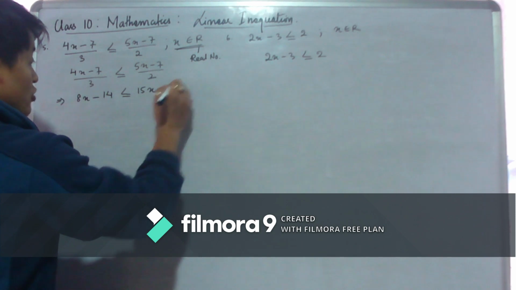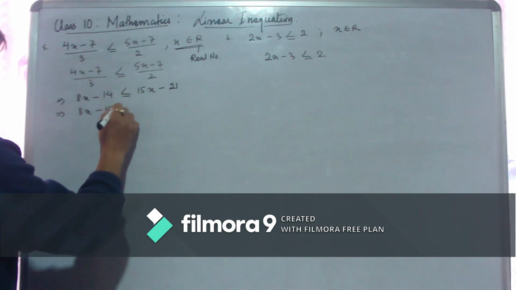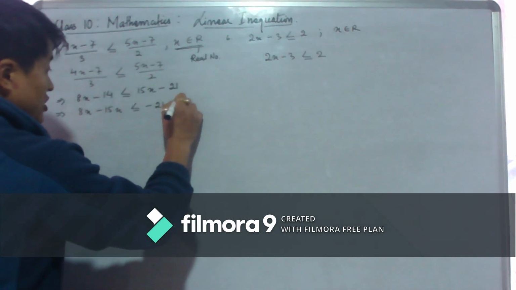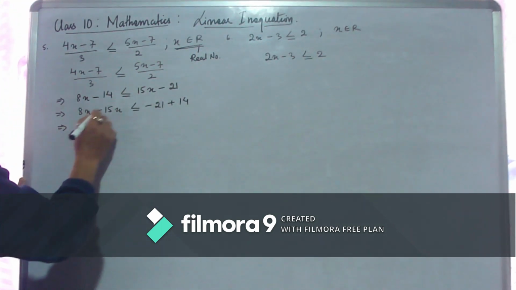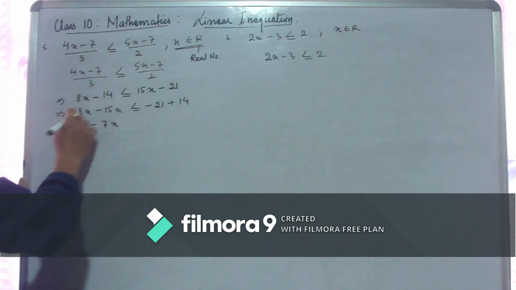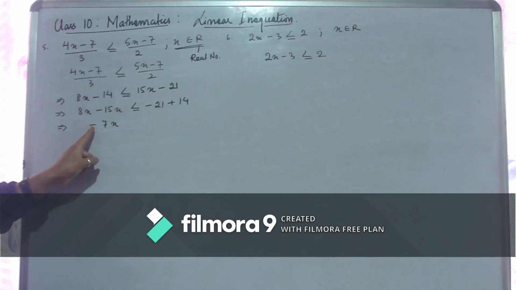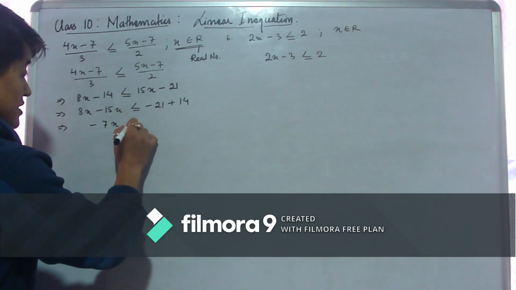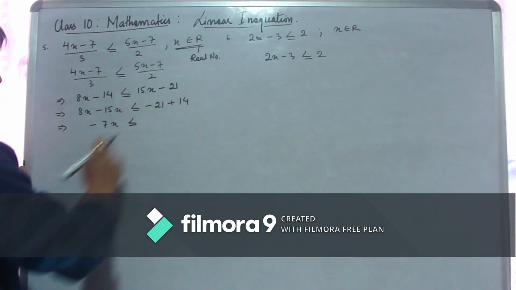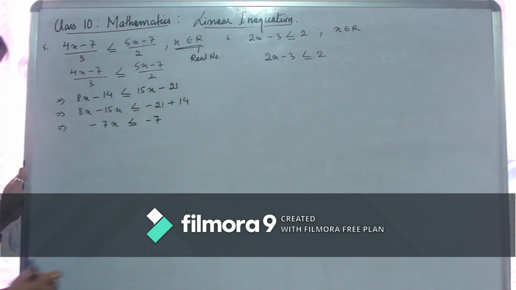Bring the x terms together, 8x minus 15x, and the constants together, minus 21, minus will become plus 14. This will give you minus 7x, since 15 minus 8 is 7, and 15 is the greater number with the negative sign, so we write the negative sign, less than or equal to minus 7, since 21 and 14 have different signs, we take the difference, which is 7, and the greater number has the minus sign.